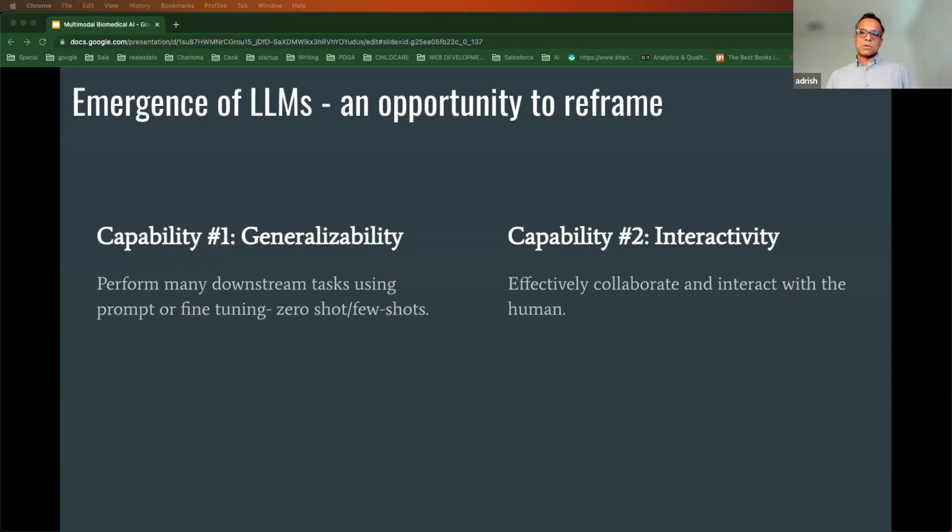I can have an interaction with a patient about the score, or with the clinician, so that I can clarify things, which is what a clinician or a patient actually wants: not just a number, but how can I understand this number better? I think the natural capability of LLMs is to have this kind of interaction, and that provides a significant opportunity for various kinds of use cases.